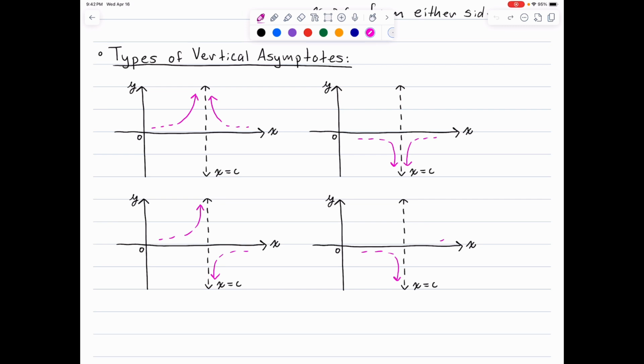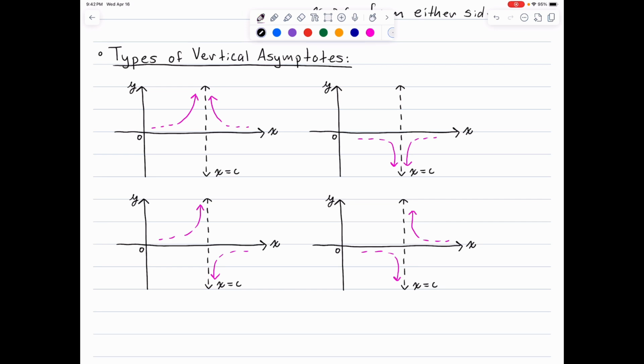Maybe I redraw that one a little bit better, because we don't really care what happens on the other parts of the graph, just what happens at the vertical asymptotes here. So they can either both go to infinity, both go to negative infinity, or they can have a combination of the 2. So those are the 4 types of vertical asymptotes.